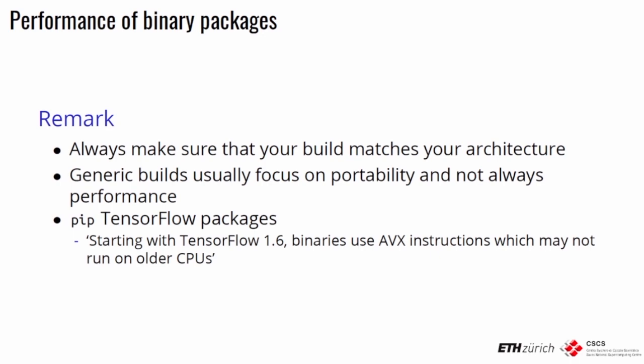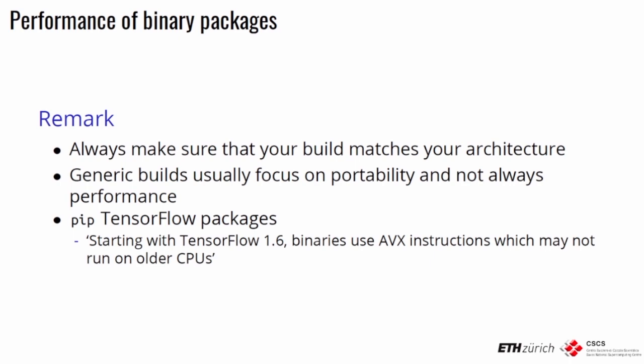So just to give an example about what can happen with pip and what happened before. Before TensorFlow 1.6, you didn't have AVX instructions by default. The focus of these generic binaries is that they should be portable. They should work everywhere, and not always do they care about the performance. So this is something that you need to be careful about.